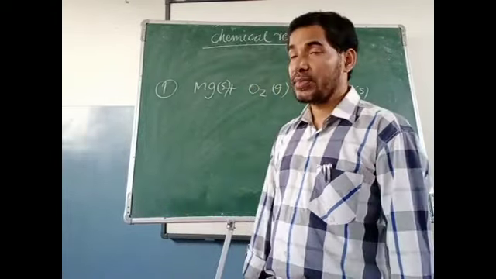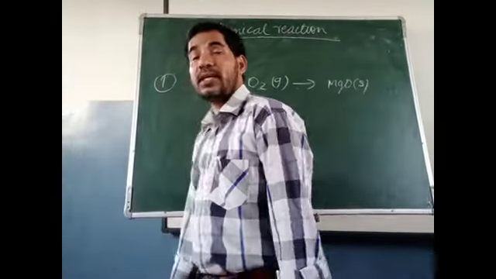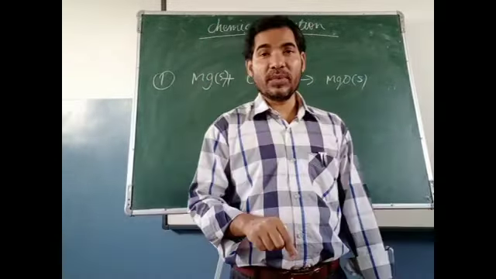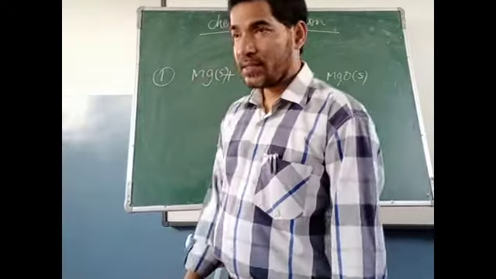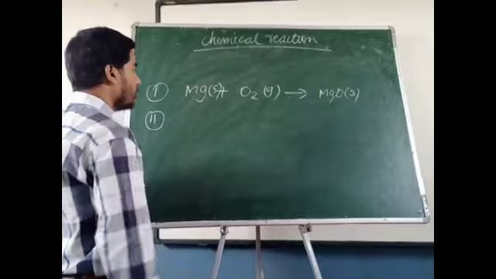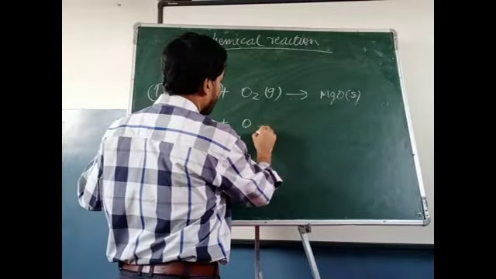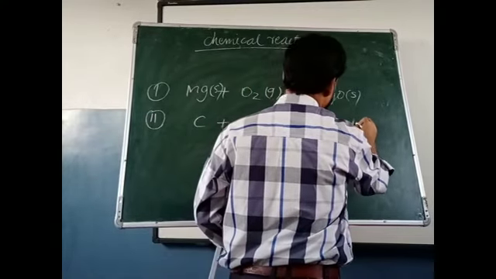Second, by using chemical equation we can identify which chemical reaction is exothermic and which chemical reaction is endothermic. To understand this, I have to take an example. Suppose I am taking C plus O2 gives CO2 plus heat.